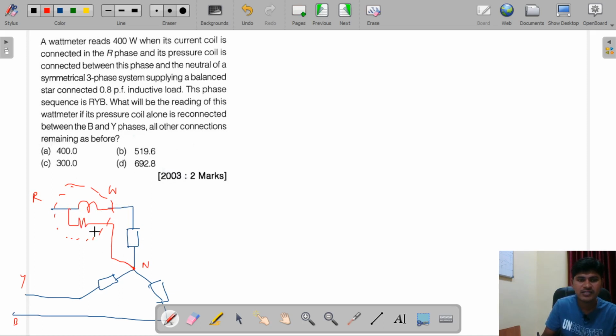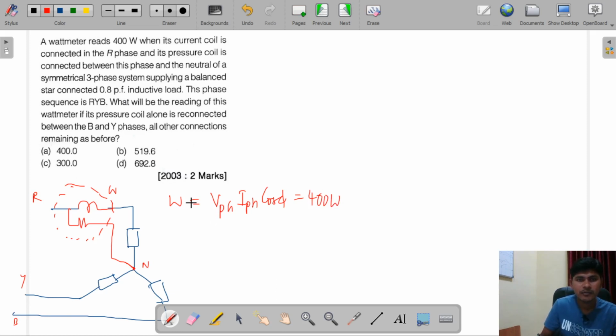Line and neutral means this pressure coil measures the voltage between line and neutral, nothing but phase voltage. This current coil measures line current or phase current. So which gives per phase power, that is W is equal to V phase I phase cos phi, which is equal to 400 watts.